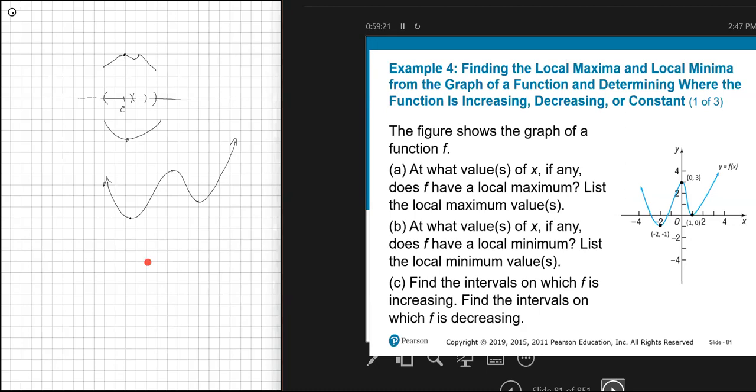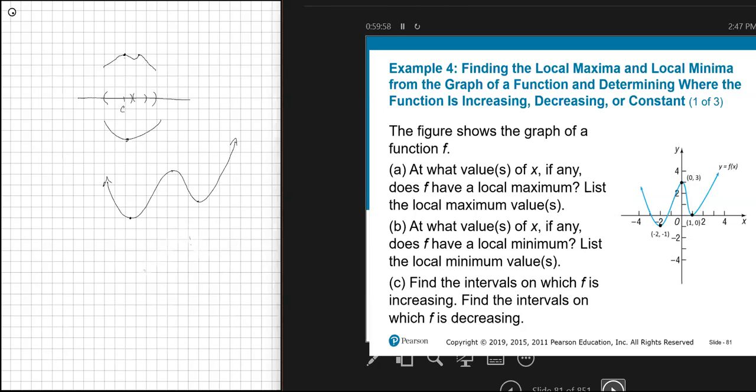So sometimes they'll show something like this. All right. This point and this point are not local minimums because they're not inside an interval. Remember that part of the definition of a local maximum and a local minimum is that they're in an interval. So it won't be an endpoint. Okay.